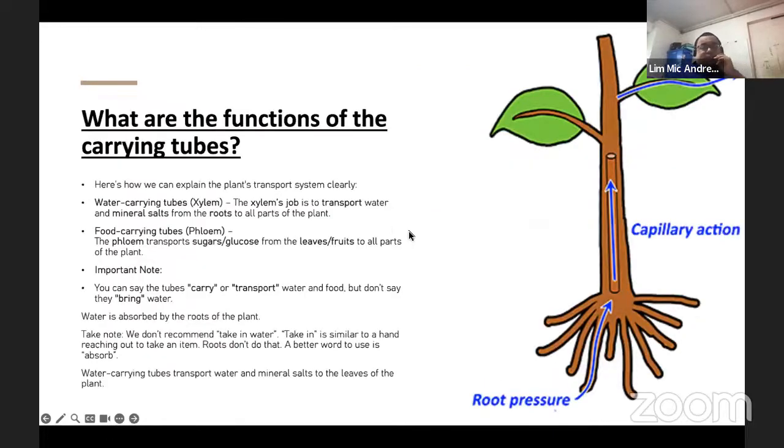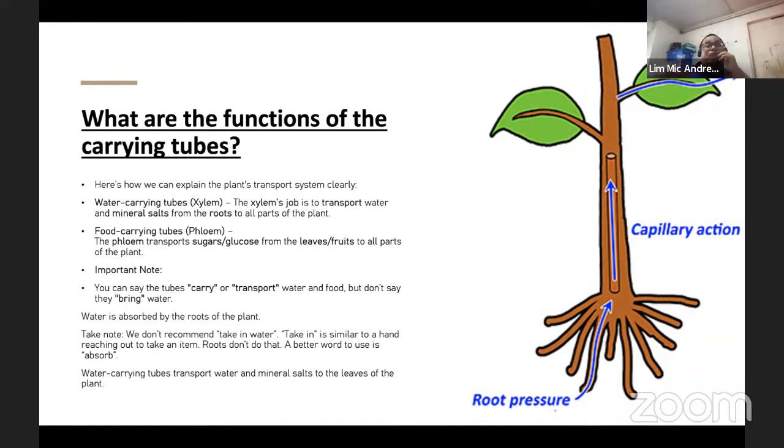So what is the function of these carrying tubes? As mentioned earlier, here's how we explain it when a teacher asks what the function of a carrying tube is. If the question asks what is the function of a water carrying tube, or the function of xylem, look at the words in bold.